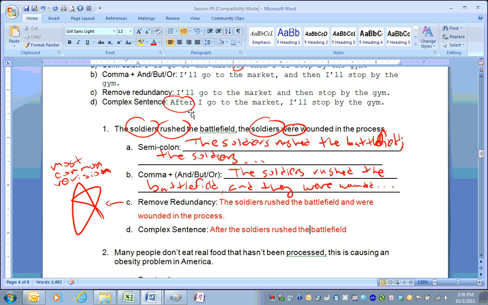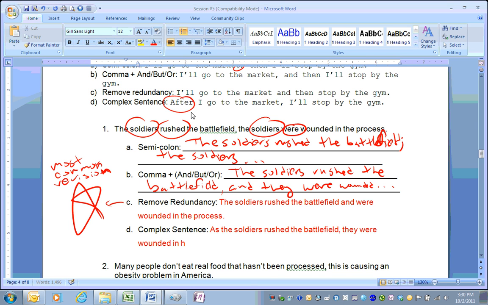Or as, okay. Actually, you know what, I agree with you. No, I like as. As soldiers rushed the battlefield. But we added that subordinating conjunction, so, okay.